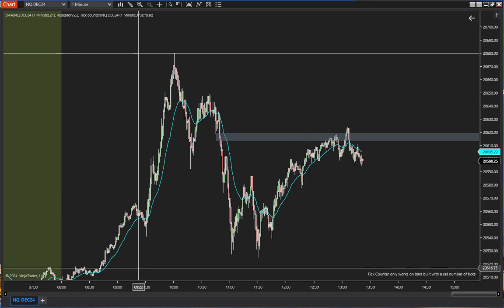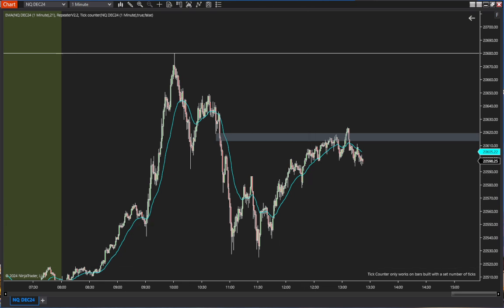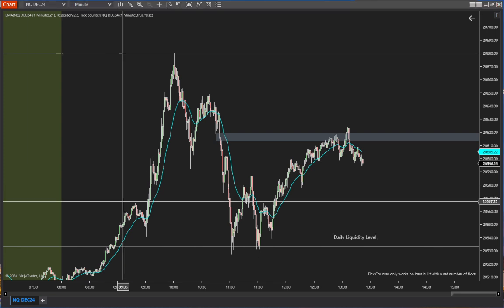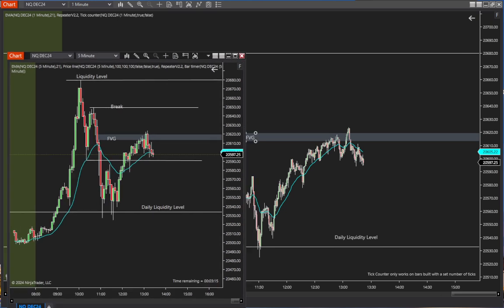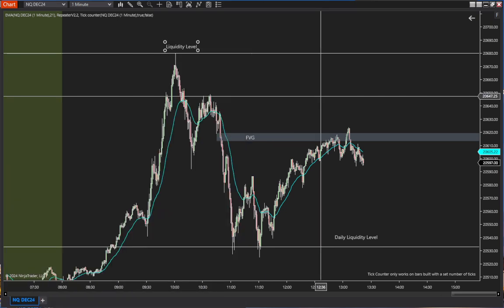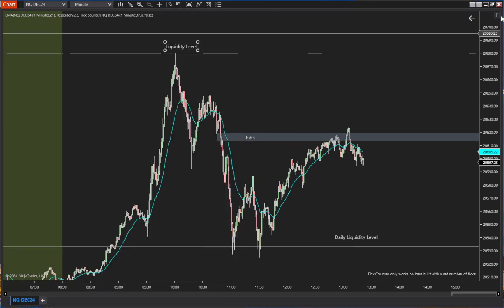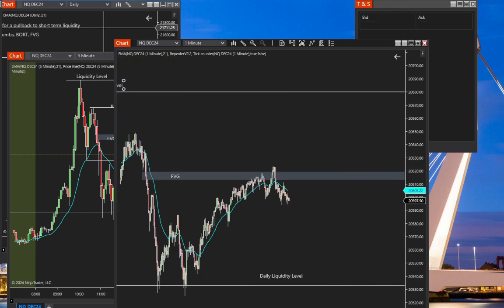Is this our level? Nope. Where's our 5-minute chart? Here's our daily liquidity level. Let's see if I can get it on there. There you go, perfect. There's our daily liquidity level. We're just copying and pasting all these things from my 5-minute chart. So here we go. We've got our liquidity level up there.